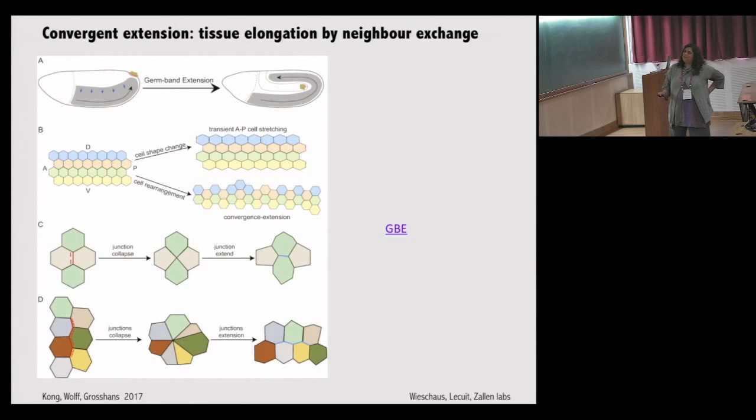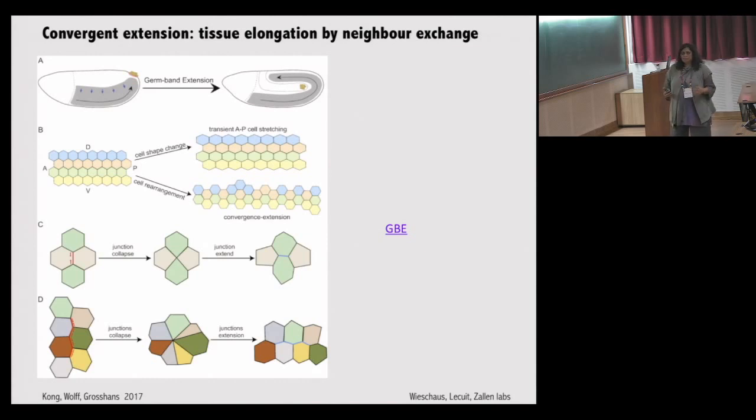Essentially, what happens is that cells now exchange their neighbors so that the linear arrangement that you saw previously is now disturbed in this sort of way.